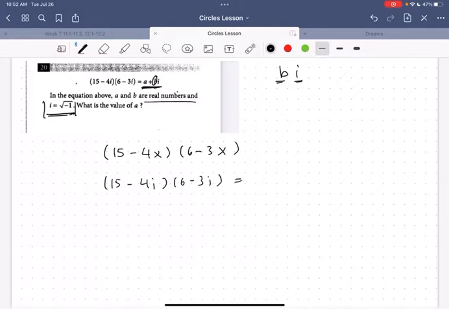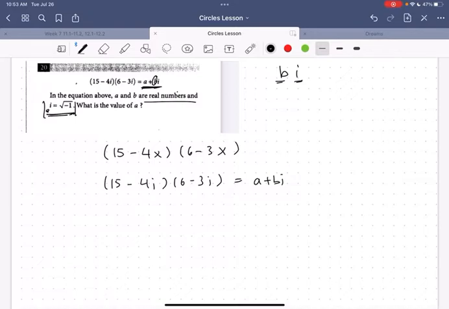Some people like to substitute i as root -1 as soon as they get to the step where they're about to multiply. Personally, I think that's a bit excessive because there's a lot of writing root -1s. I'm going to keep it as i until the very last step. Actually, in this question, I might not need to do that at all.